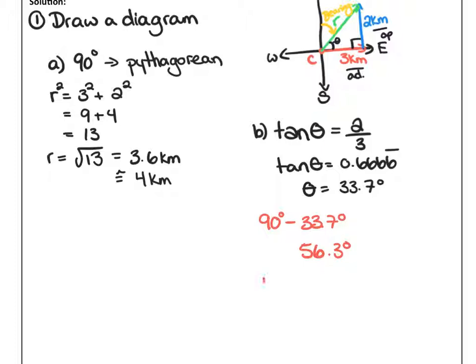So remember, you want to write it, let's make it nicer, guys, sorry: north 56.3 degrees to the east. So there we figured out the magnitude and the direction.